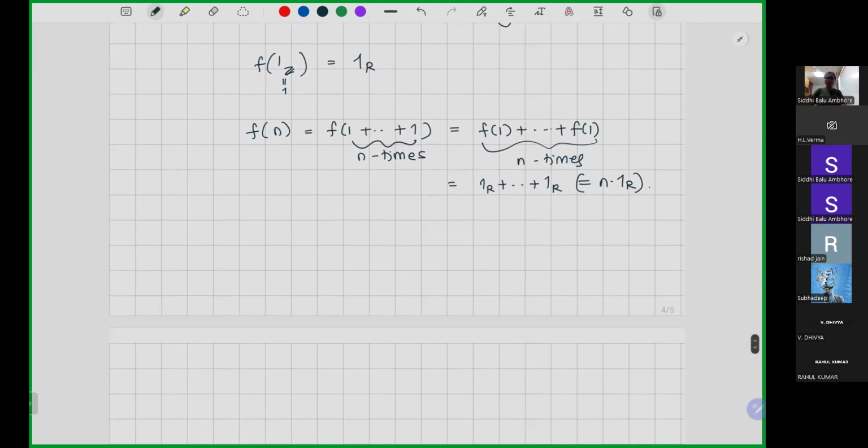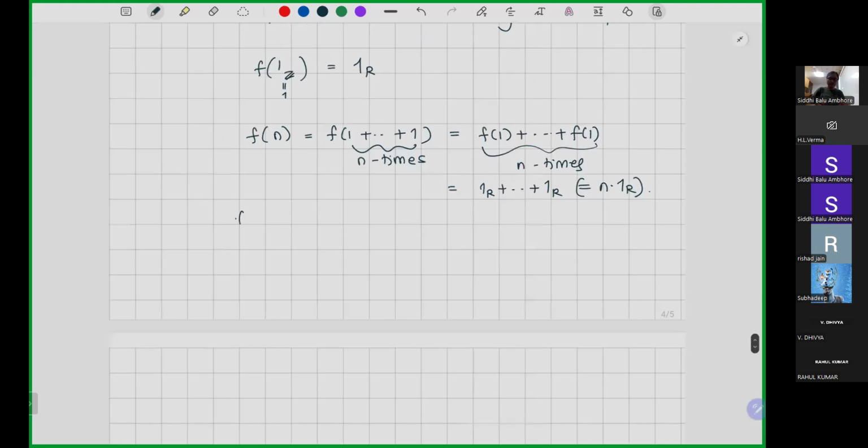Okay, and what is f of minus n? It is f of minus 1 into f of n, right? So it is minus 1_R. F of minus 1 goes to minus 1_R, okay?